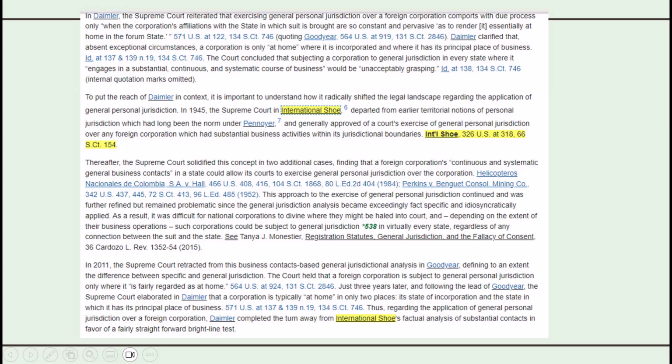The first thing you'll notice is it mentions yet another case named Daimler. Daimler was decided in 2014. And in the second paragraph, it says that Daimler radically shifted the legal landscape regarding the application of general personal jurisdiction. And then it goes on to discuss the case in more detail.